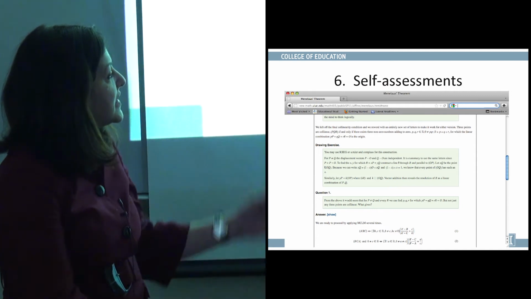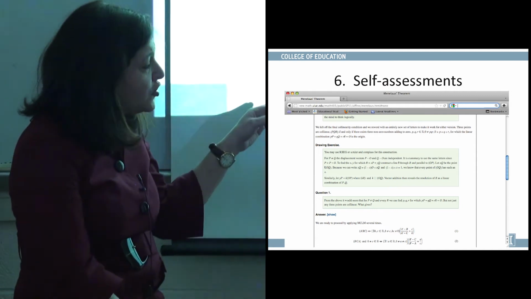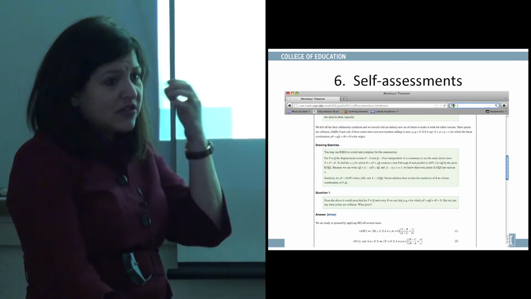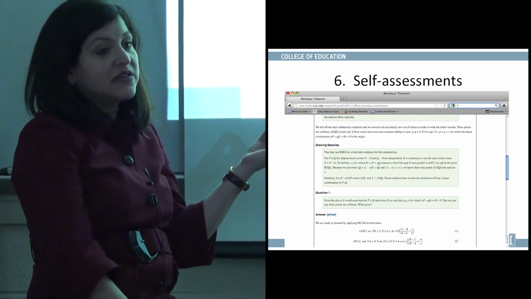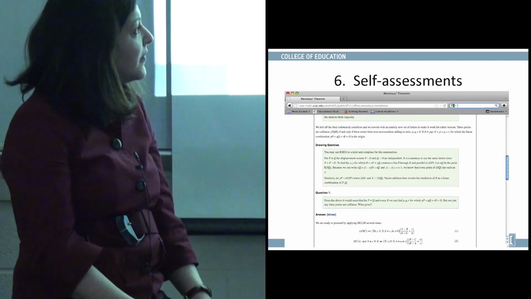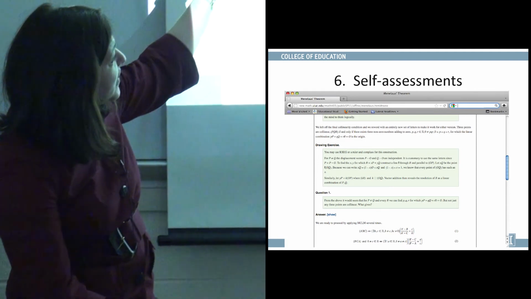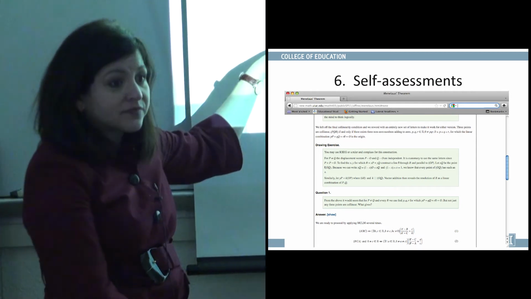In terms of self-assessments, you can expect that this is similar to what a student would do when they're working on the book. In the book, there are particular exercises, and when they're solving the exercise, they can look in the back of the book to see if they're right. Here, there's an exercise, a question, and then it says, here's the answer.